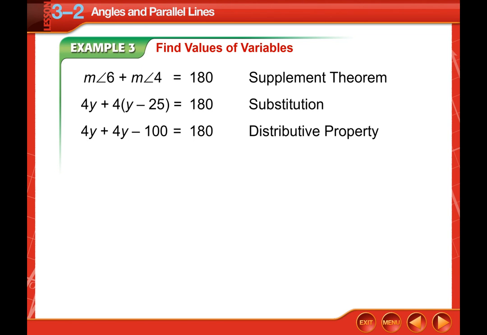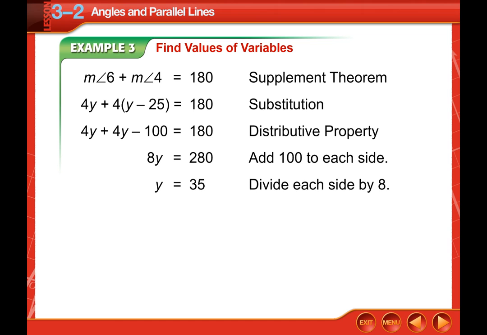I distribute the 4 to have 4y plus 4y minus 100 is 180. I can add, and then I divide to find y is equal to 35.